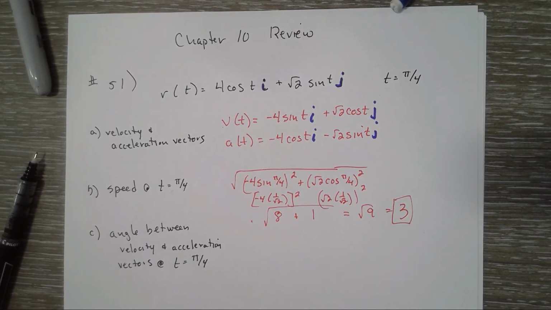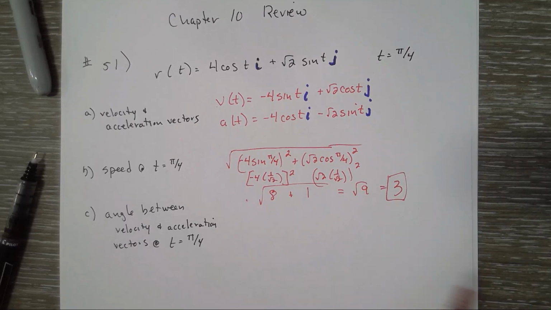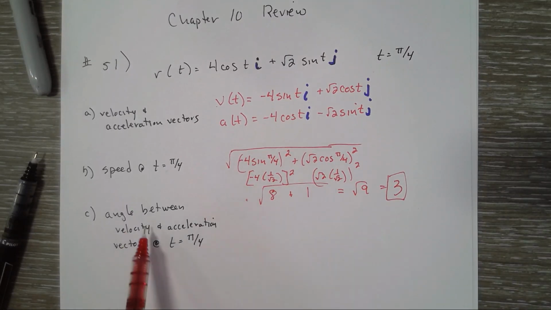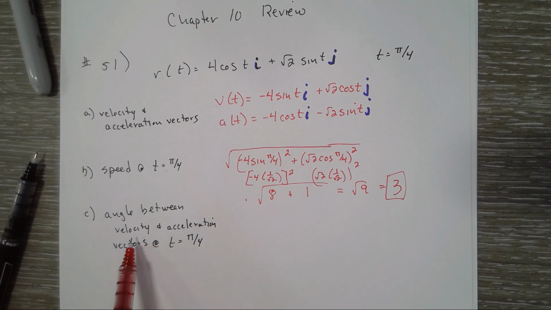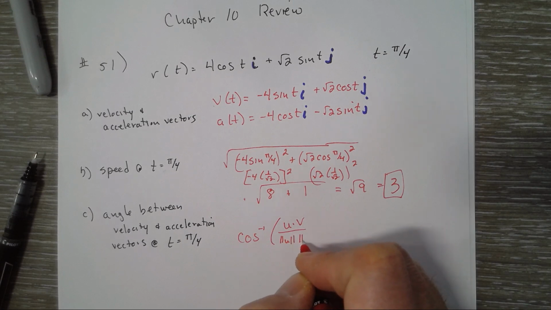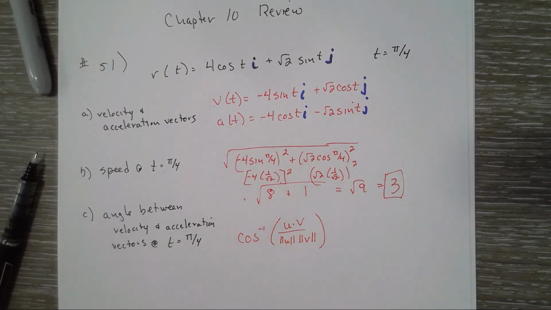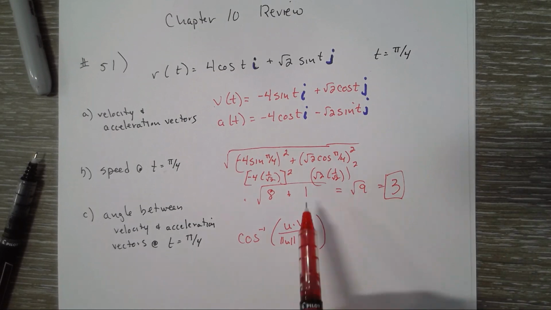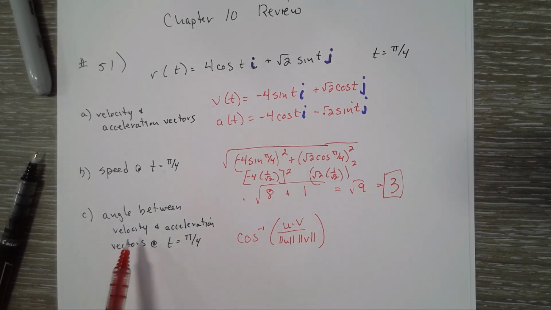Alright, so now we need to know the angle between the velocity and acceleration vectors. So the angle is inverse cosine of u dot v over u magnitude v magnitude. To find the dot product, we need to know what the velocity vector is at pi over 4 and the acceleration.